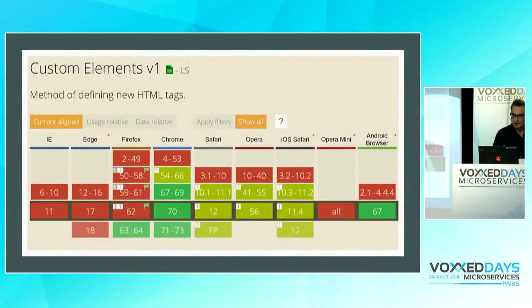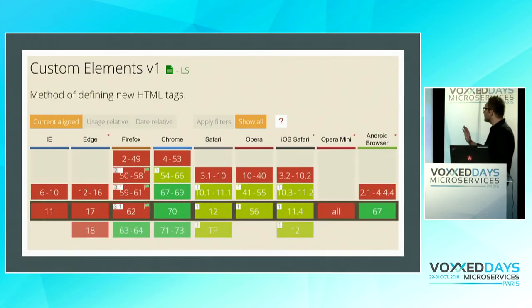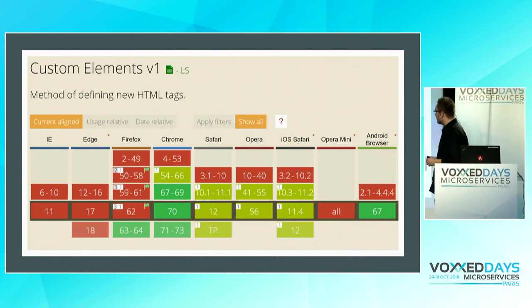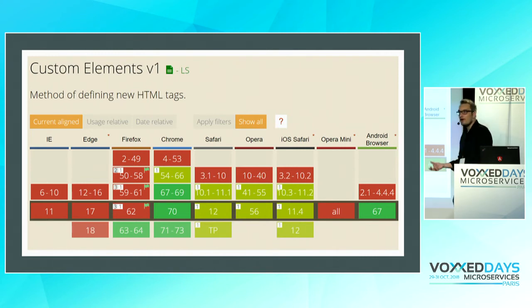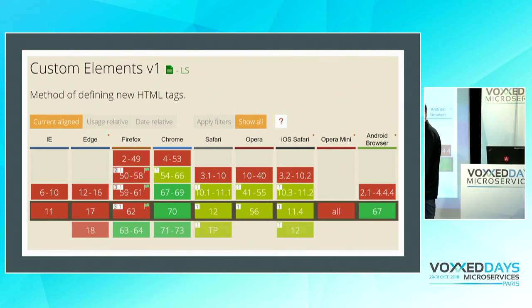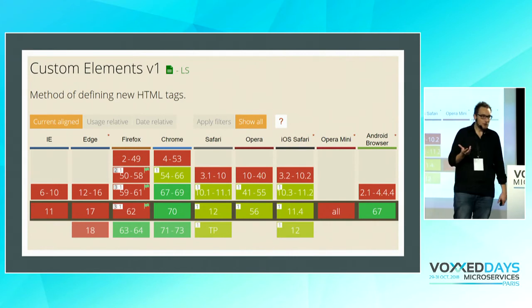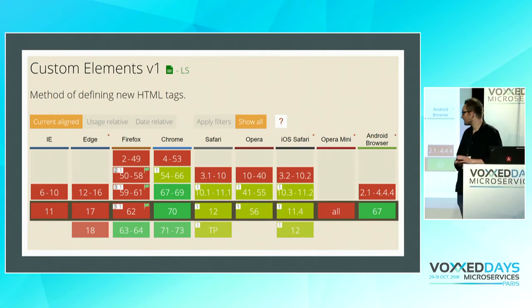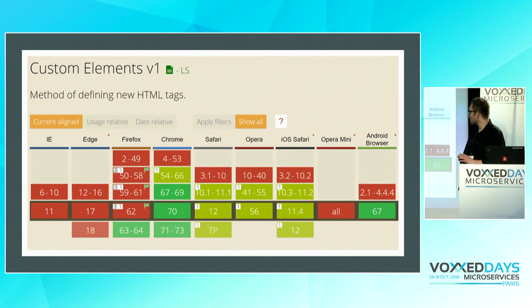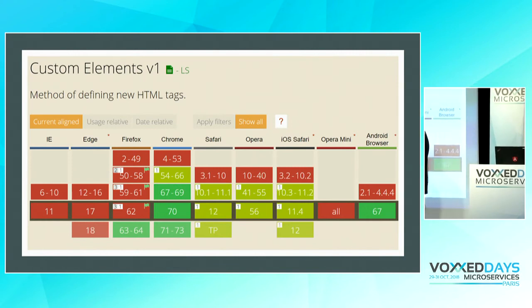When we look at browser support, we've seen a lot of green boxes here. For instance, Firefox, Chrome, Safari, all they support custom elements, which is one of the main standards behind web components. But we also see that the Microsoft browsers are not in the boat yet. When it comes to Edge or IE, they don't support it yet. The good message is, Edge began developing it.